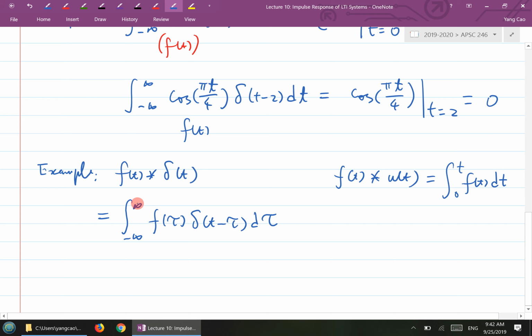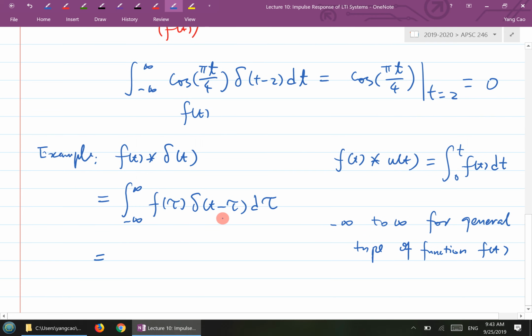So I'll show you this using the special case from negative infinity to positive infinity. This is for a general type of function f of t, so it could be non-causal basically.